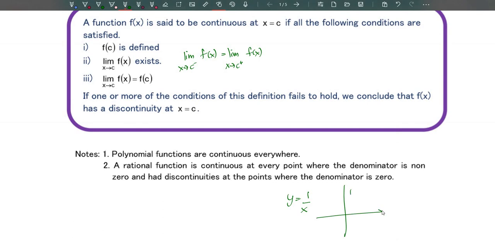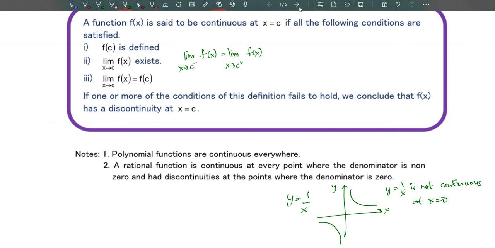This is the graph here, x, y, the graph is like this. So here we could say that y equal to 1 over x is not continuous at x equal to 0, because as you can see, when x approaches 0, it will go towards infinity.